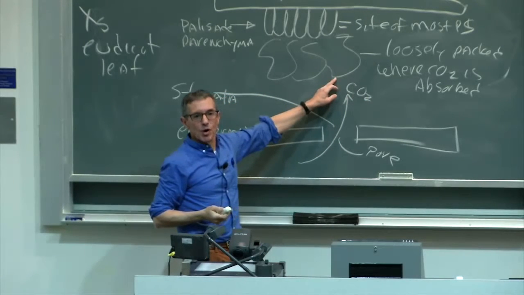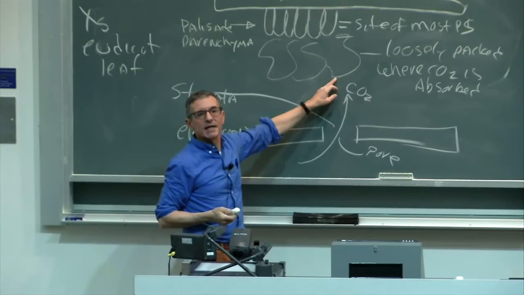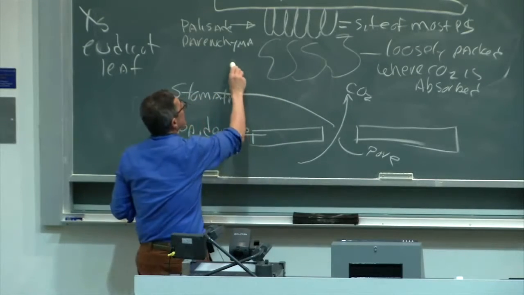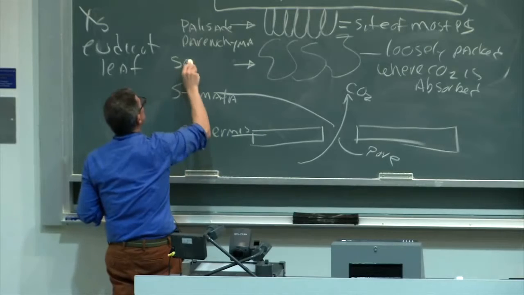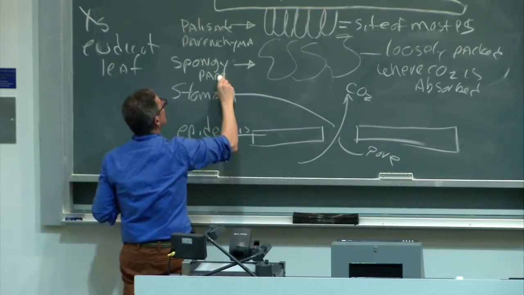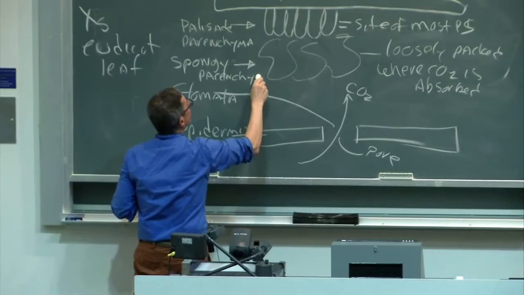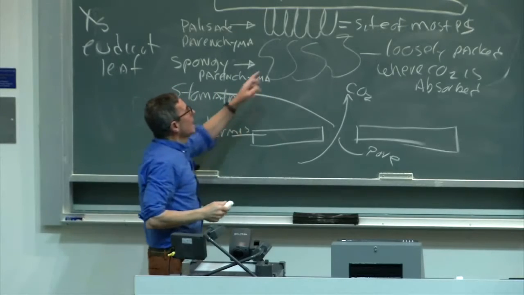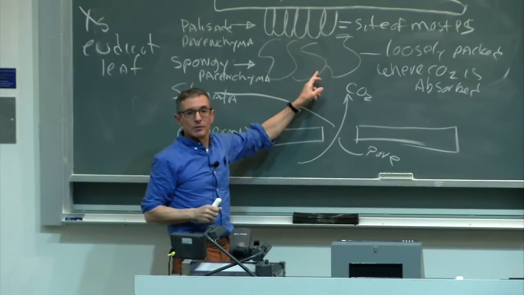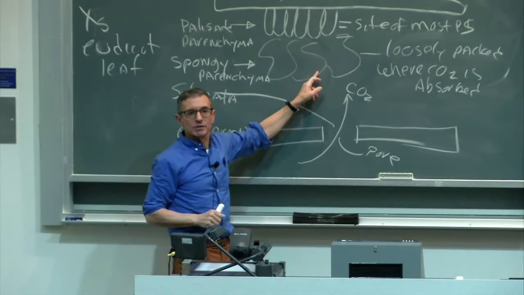It would get absorbed or taken in by the cells which are loosely packed. And these cells are called spongy parenchyma. And then using the sunlight captured in the palisade parenchyma, we would make sugars and starches.